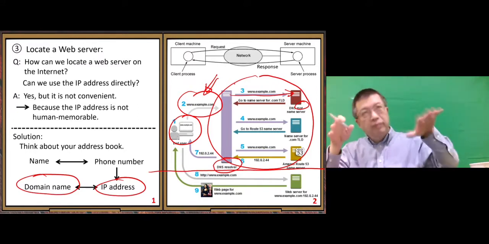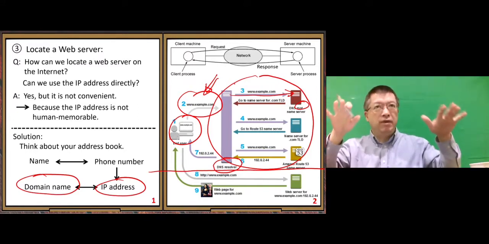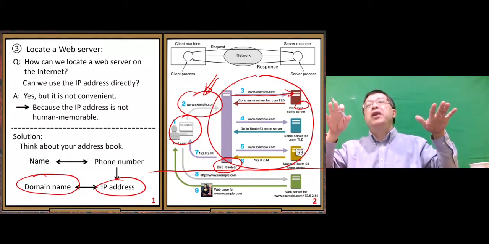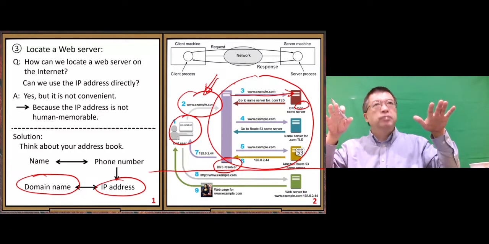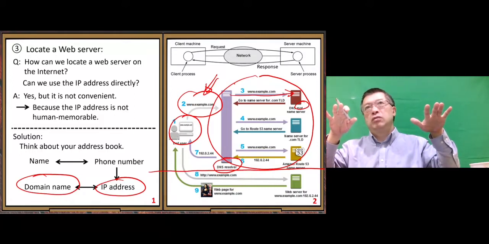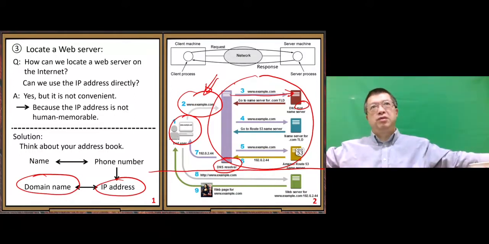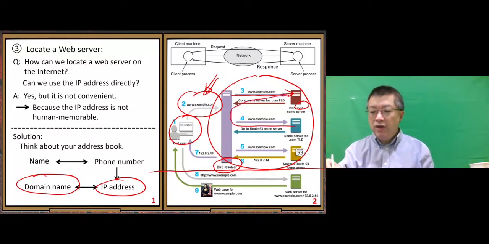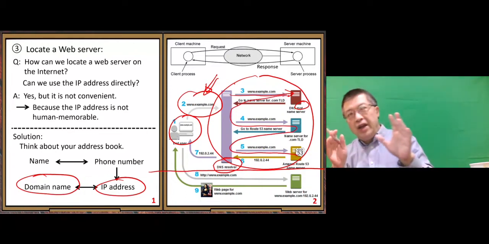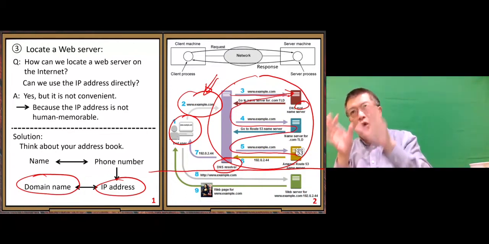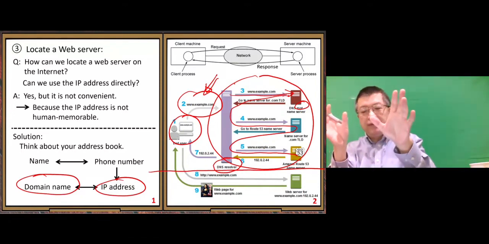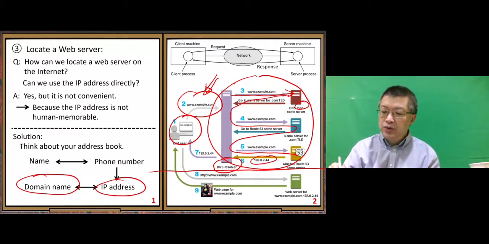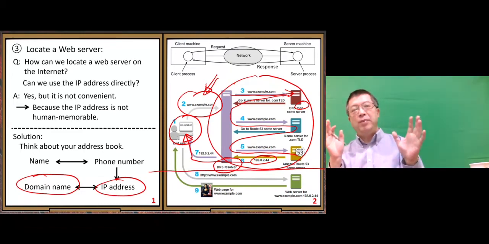The root name server will go down to the next level, because there is a very large number of domain names in the world. So you have to go through many different levels to get your final IP address. You can see the back and forth many times. Finally it reaches the one that corresponds to your domain name, and the true IP address is sent back to your machine. So the first step is done.